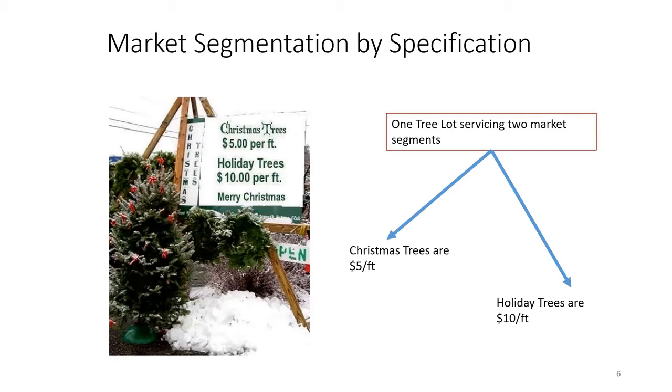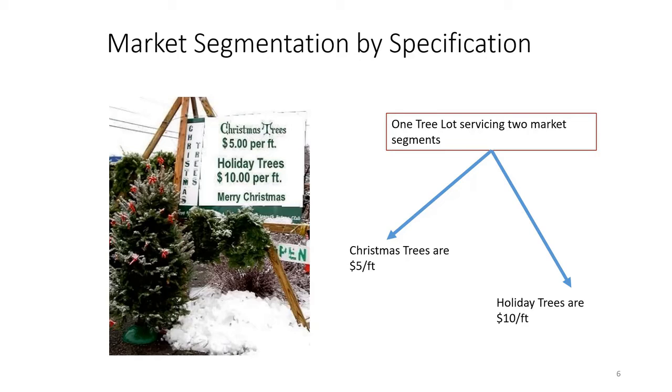Here's a fictional enterprising tree seller who has managed to thread that needle by separating his tree lot into two sections. In one section, he sells Christmas trees, and they have a big label on them, Christmas trees. In the other part of his tree lot, he is selling holiday trees, and they clearly have a holiday tree label on those trees.